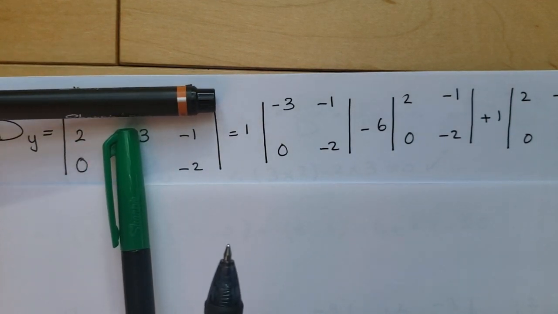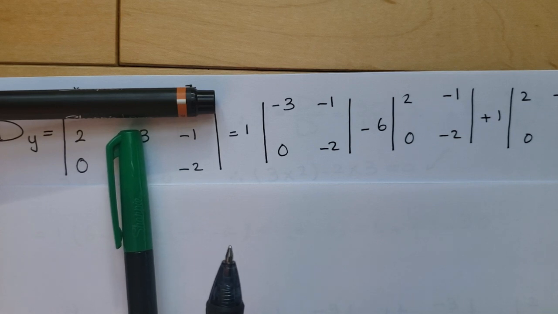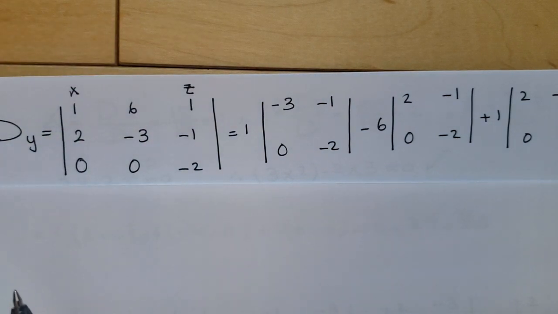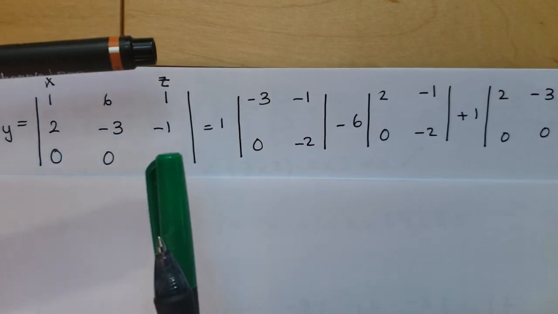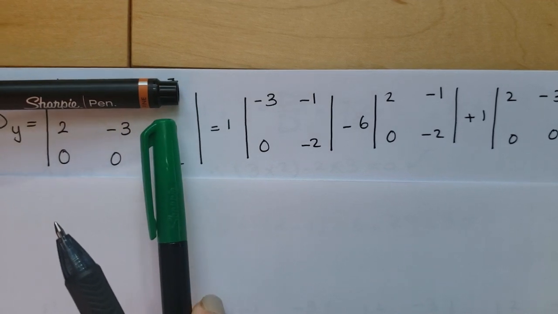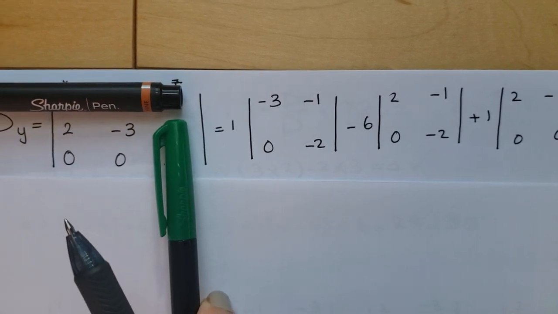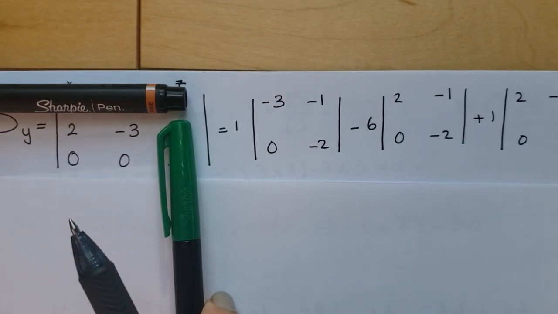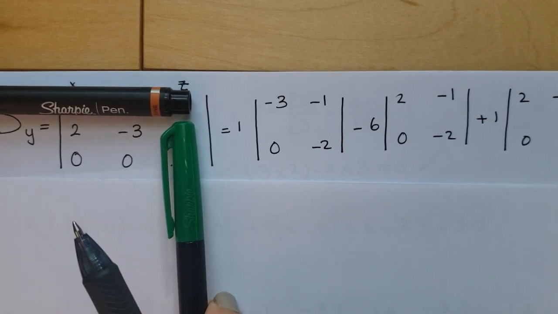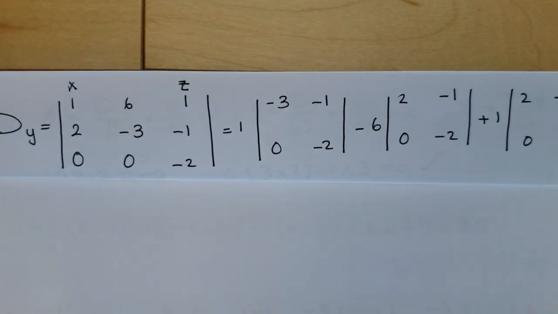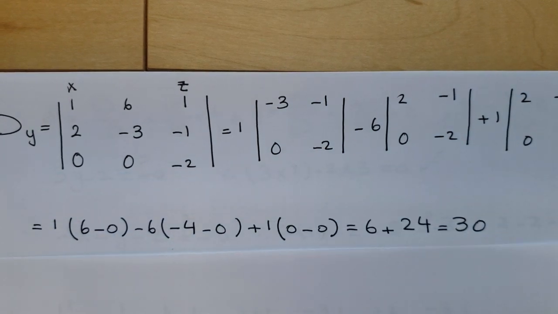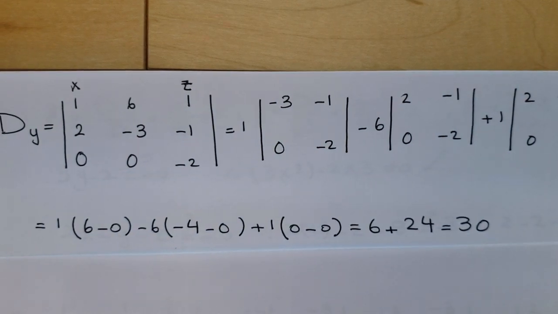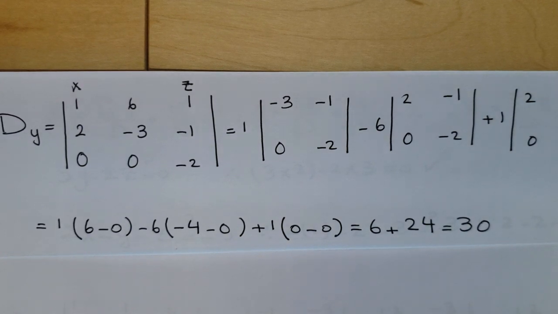So what I'm left with, 2, -1, 0, -2. And then again, the third main element, it's 1. If we are talking about this one, the first row and the third column would be covered. And I'm left with 2, -3, 0, and 0. After that, I calculate all the 2 by 2 determinants, and I find out that dy is equal to 30.